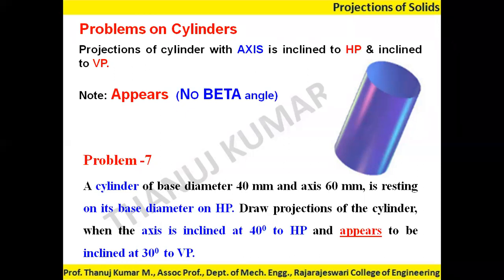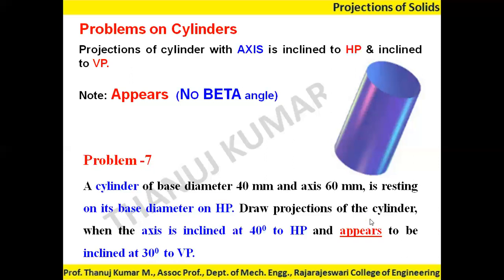Taking this problem into consideration, I have defined a problem here. A cylinder of base diameter 40 mm and axis length 60 mm is resting on its base on HP. Draw projections of the cylinder when the axis is inclined at 40 degrees to HP and appears to be inclined at 30 degrees to VP.